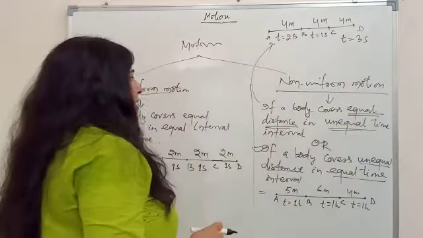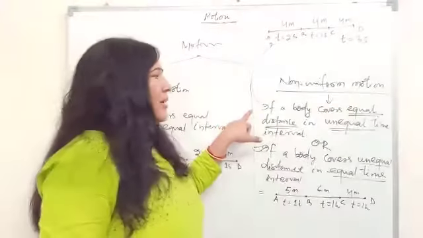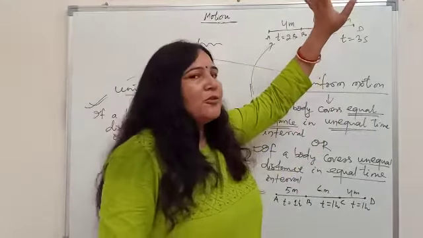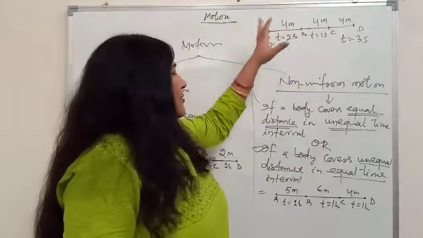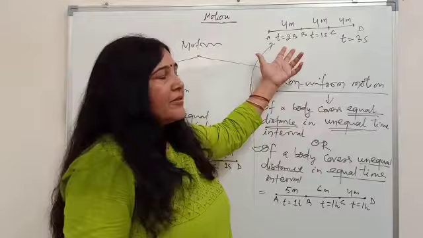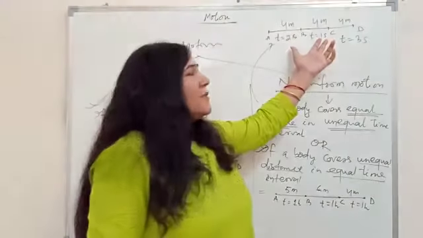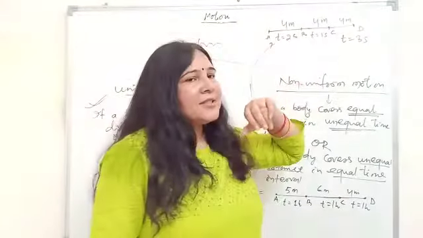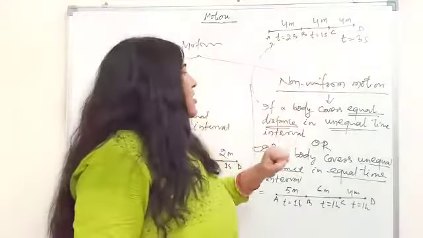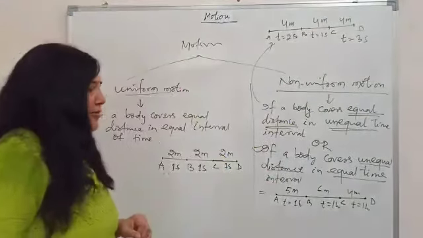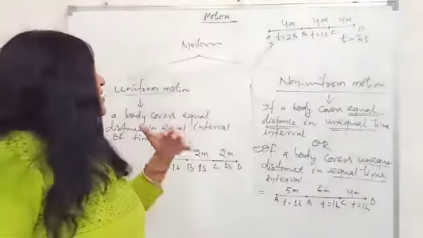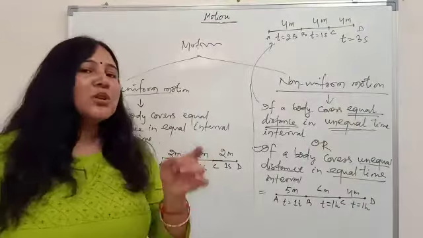Now as per the first definition, the body is covering equal distance, 4 meters in all three intervals, but the time intervals are 2 seconds, 1 second, and 3 seconds. So this type of motion is called non-uniform motion.